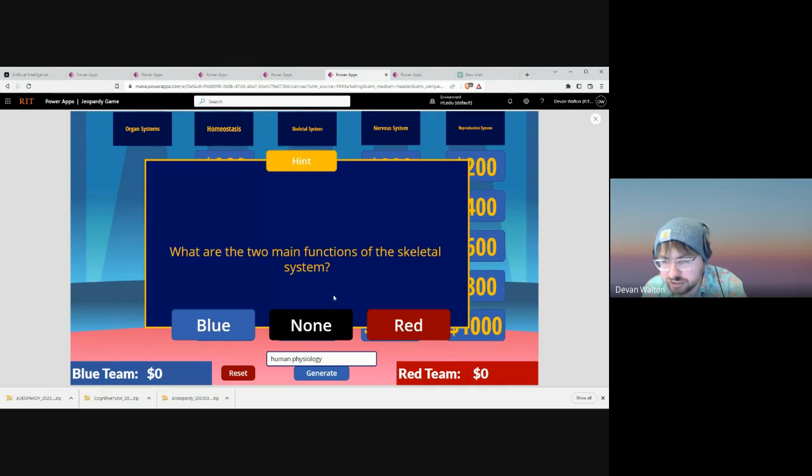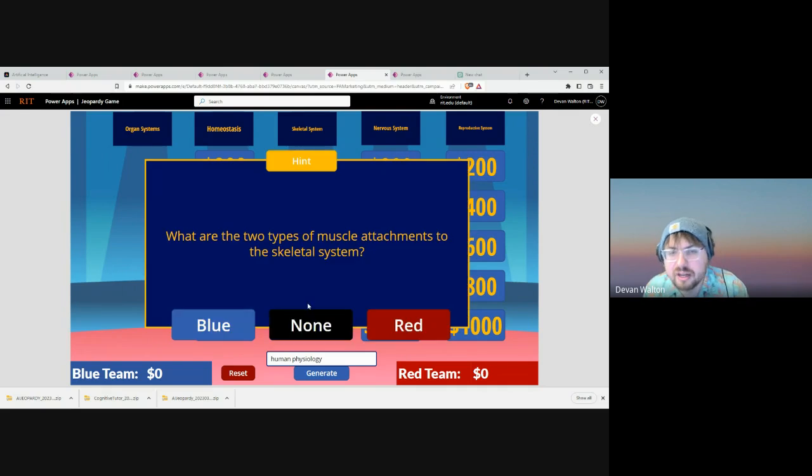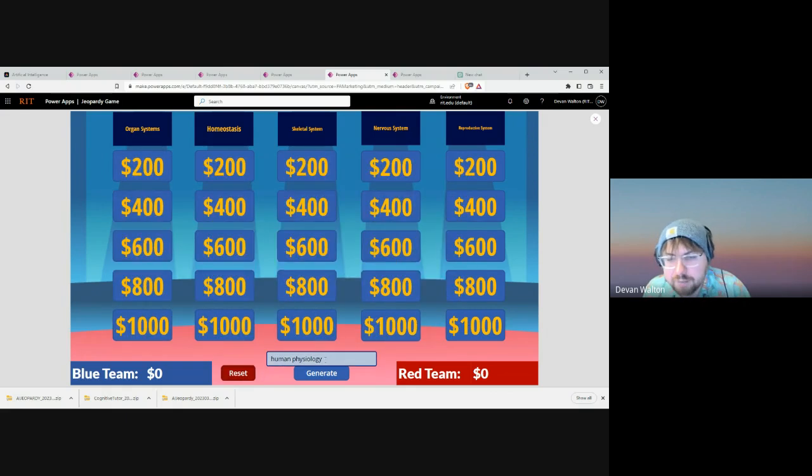What are the 2 main functions of the skeletal system? We get kind of an easy question at the start, and then a slightly more sophisticated one. What are the 2 types of muscle attachments in the skeletal system as we go along? Just as a test, we can do another category. We could do hydrology of lakes. We could do something very specialized.